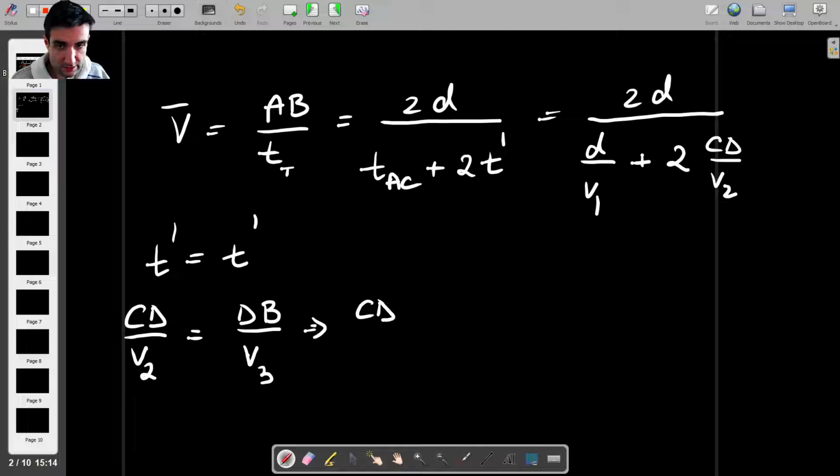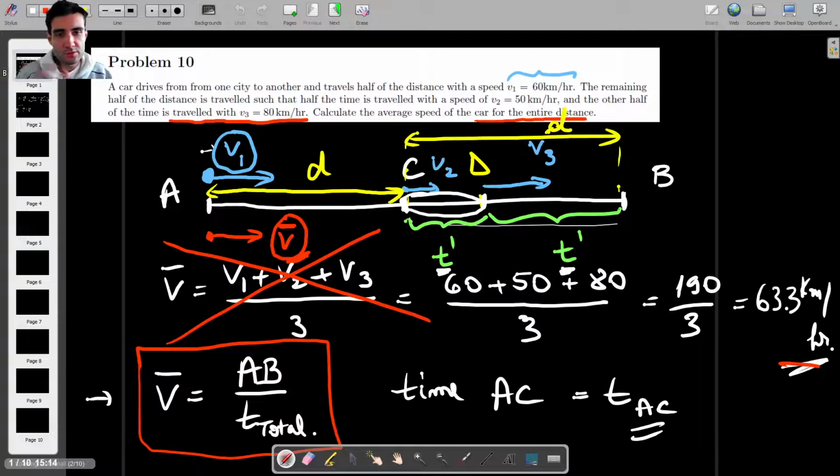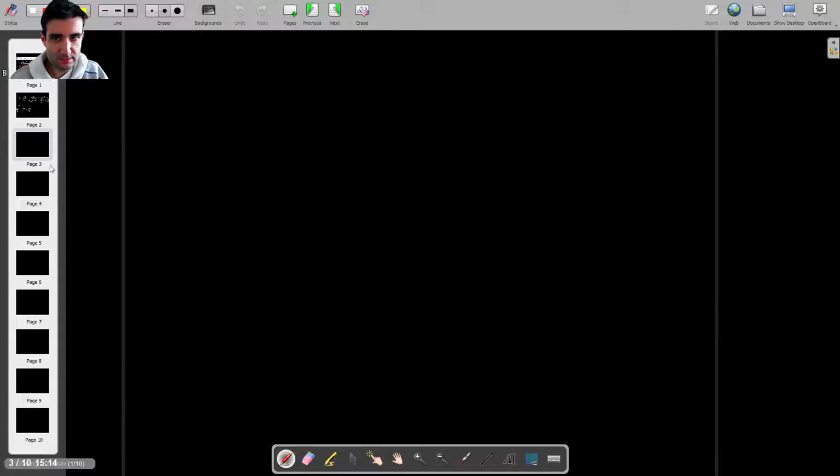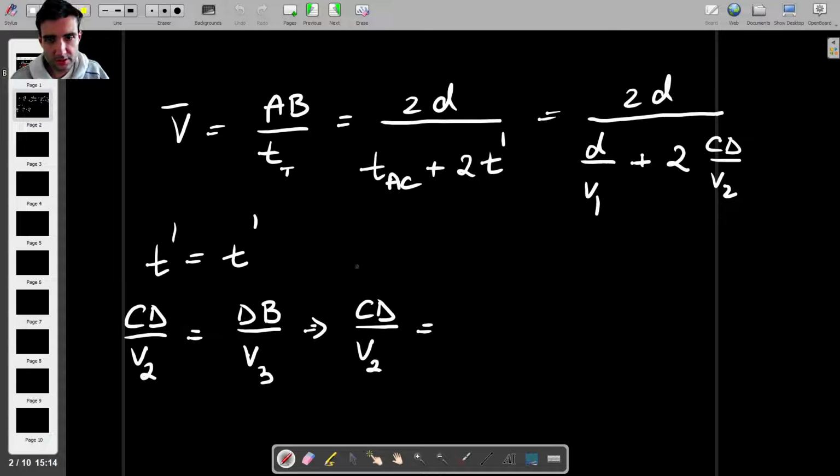And another thing I'll write is, instead of writing dB, we know that cd and dB together add up to this lowercase d that we called our distance. So instead of dB, I'll replace dB with lowercase d minus cd. Right?